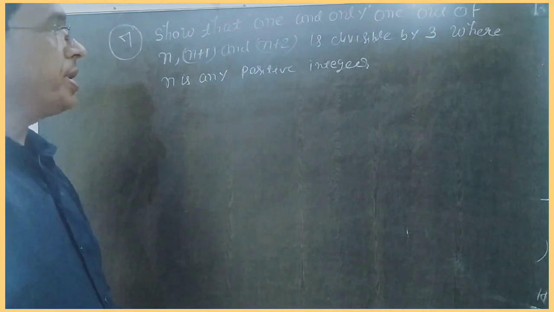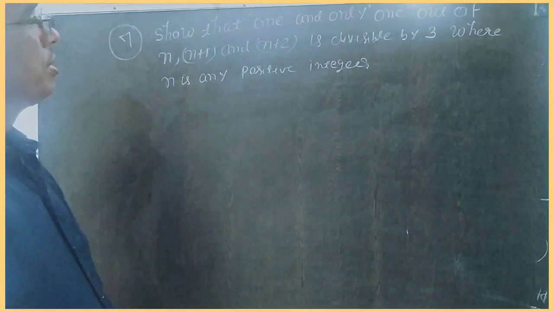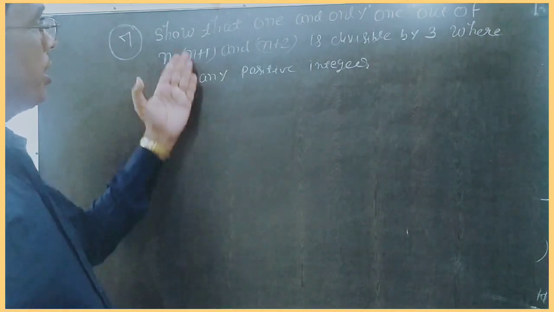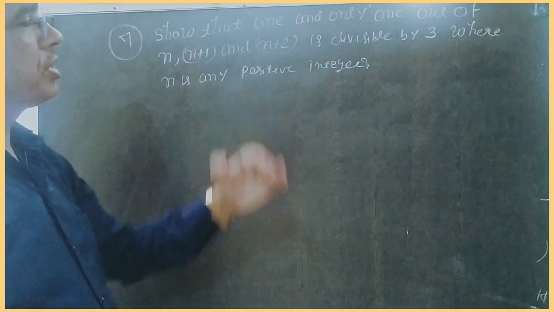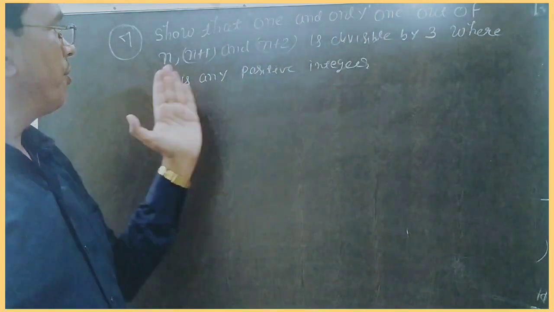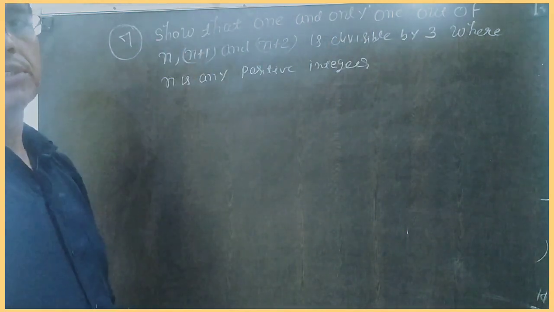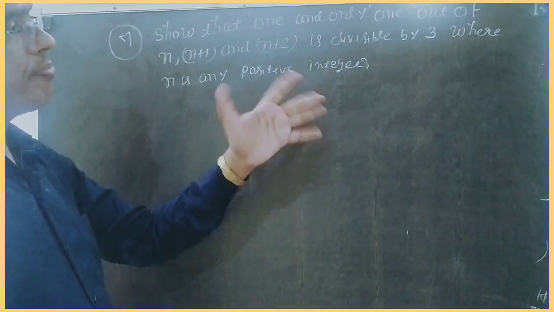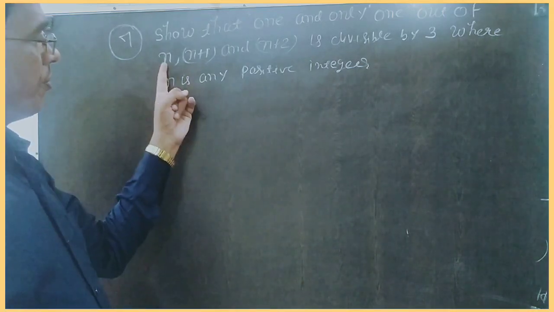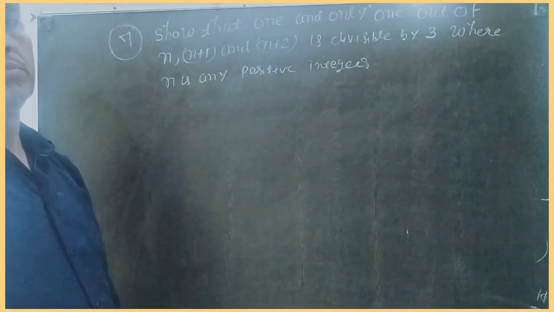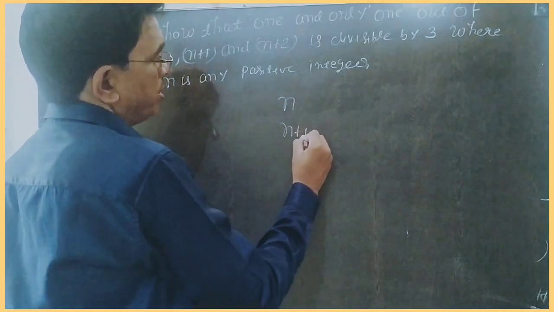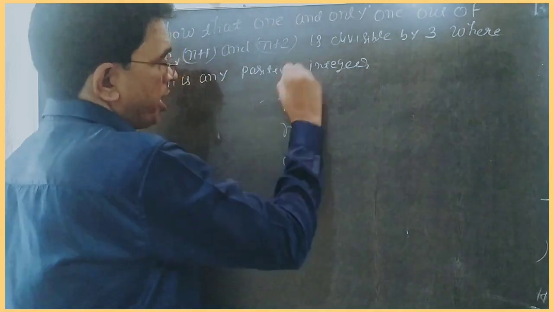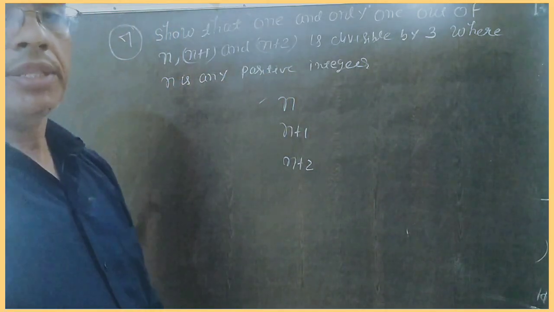I solve 7 and the remaining 8 you solve by this method. Show that one and only one out of n, n plus 1, n plus 2 is divisible by 3, where n is any positive integer. Your question is that n is any positive integer, then from the 3 forms, n, n plus 1 and n plus 2, any one is divisible by 3.